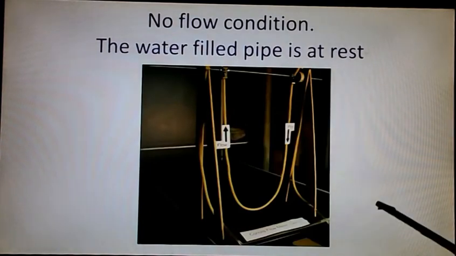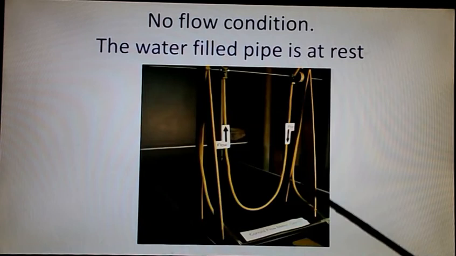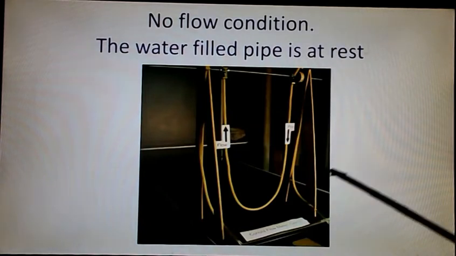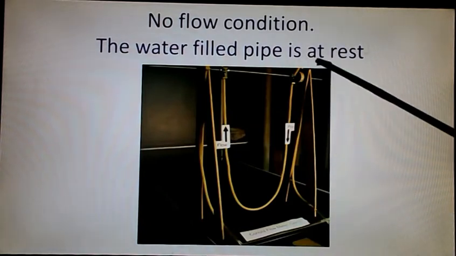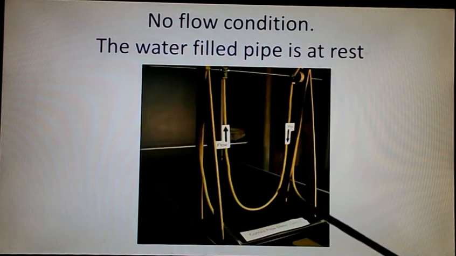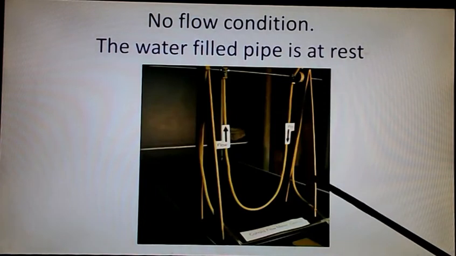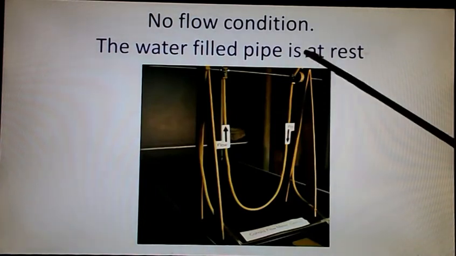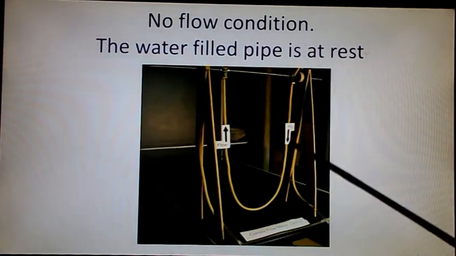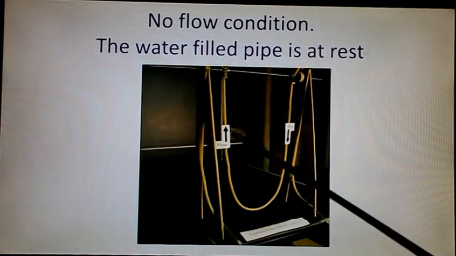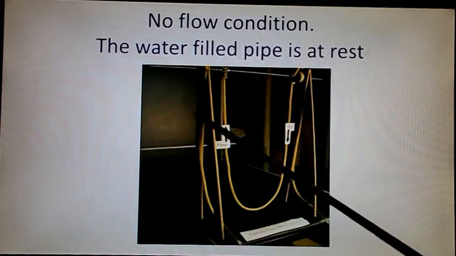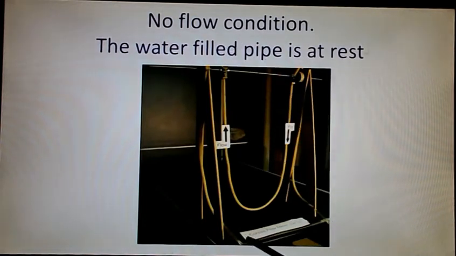In this demonstration, we are using a flexible pipe. The flexible pipe is going like this. From here the water shall enter in the pipe and then it will come down and then it will again go up, and then from this pipe it shall be discharged.